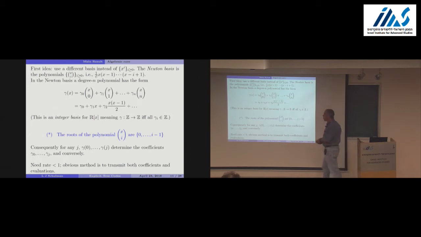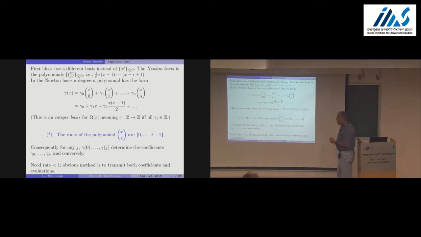So if I want to know the value of the polynomial at the points 0 through j, I only need to know the first j plus 1 coefficients of the polynomial, because all the higher terms are 0 on all those points.